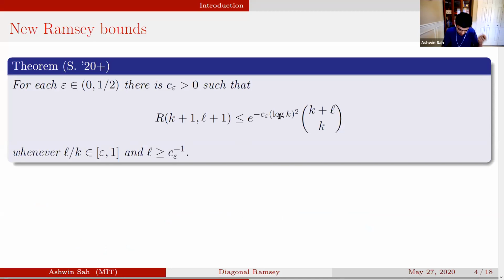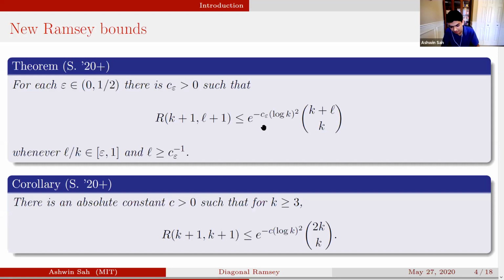For one, that is an asymptotic improvement, at least in this second order term on the 4 to the k term. But beyond that, and hopefully I'll get to explain what's going on, in some sense this represents a barrier to improvement with this quasi-randomness framework. Okay, so the obvious corollary of this is that R(k+1, k+1) is at most e to the negative c log squared k times (2k choose k).